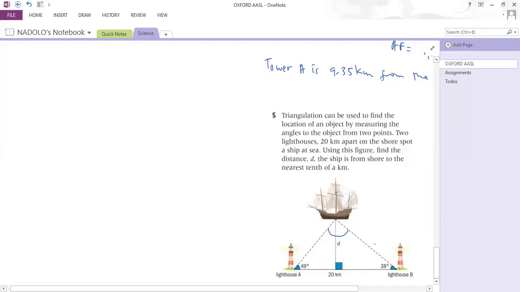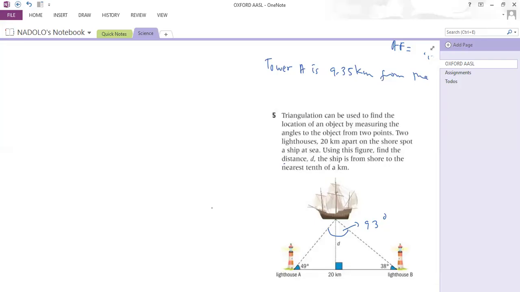That means if that whole triangle adds up to 180 and you subtract the angles that you already have, you'll get that this is 93 degrees. So let's say we want to get this hypotenuse on the right-hand side of D, so that we'll be able to use the sine ratio with 38 degrees, which is opposite the hypotenuse, for us to obtain D.